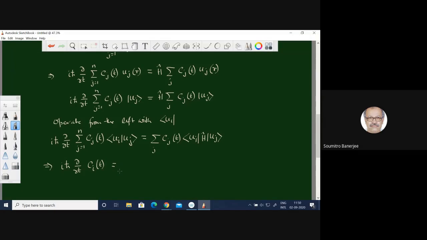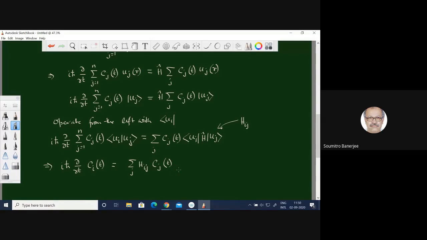And on the right side, this is nothing but H as a matrix, the ijth element of the matrix H. So what we ultimately get is the sum over j of Hij Cj, which is a function of t.